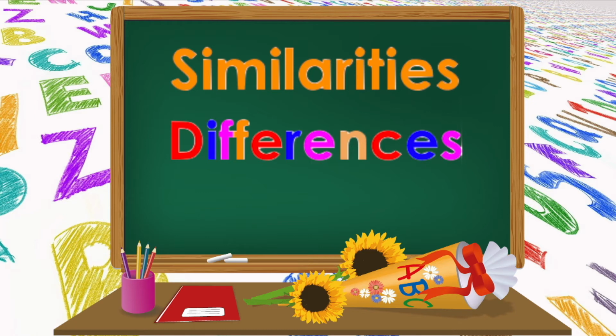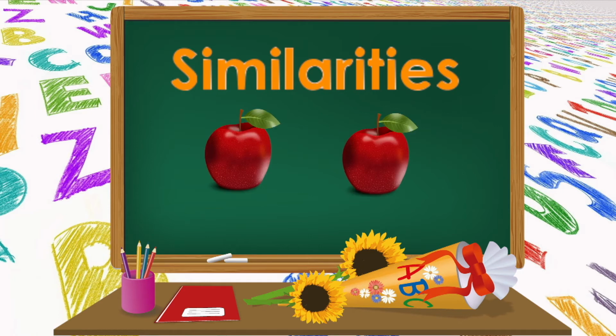When looking at two texts or topics, you can find things about them that are the same and find things that are different. When you are finding similarities or things that are the same, it's called comparing.